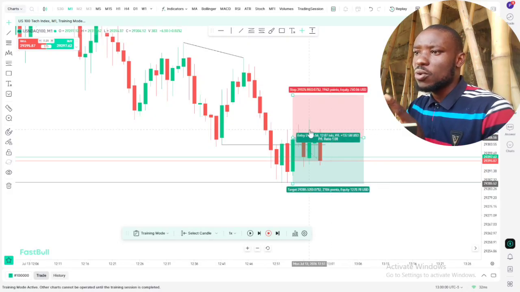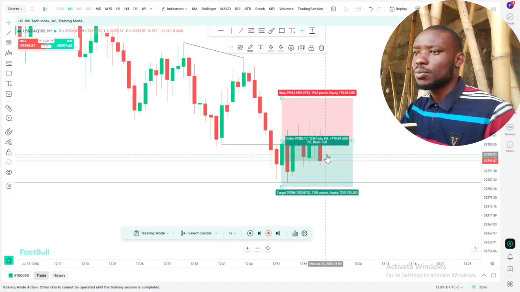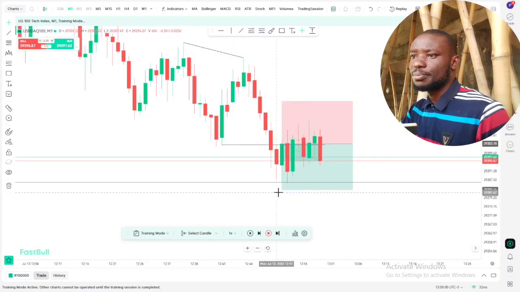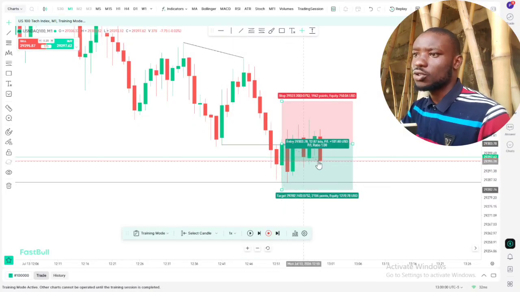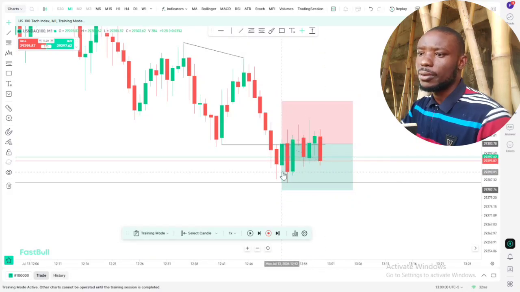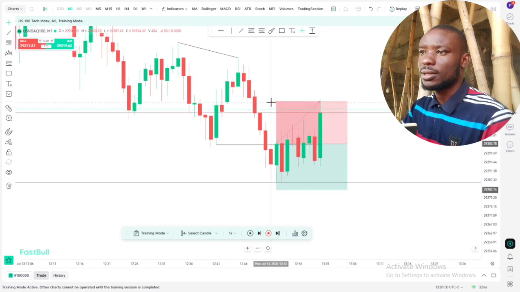I got in on this first green candle. When it was stalling around this point, I said to myself, if it breaks below this point, I'm going to go break even. But what happened next was that the 1 p.m. candle opened, and this was the spike that took me out of the trade.